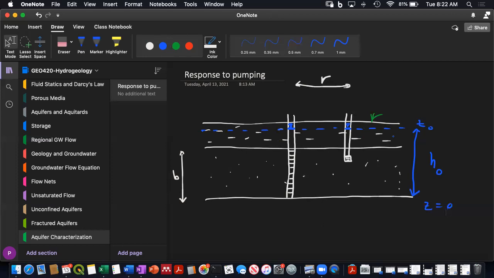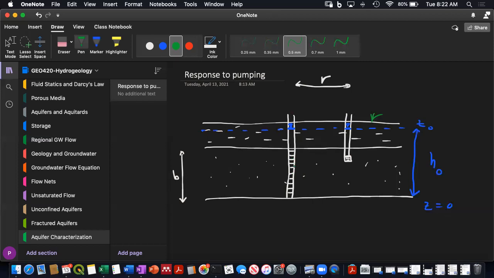All right. Okay, so we come along and we want to pump this. So this is M dot 2, here's M dot 3. We come here and we start pumping. All right.